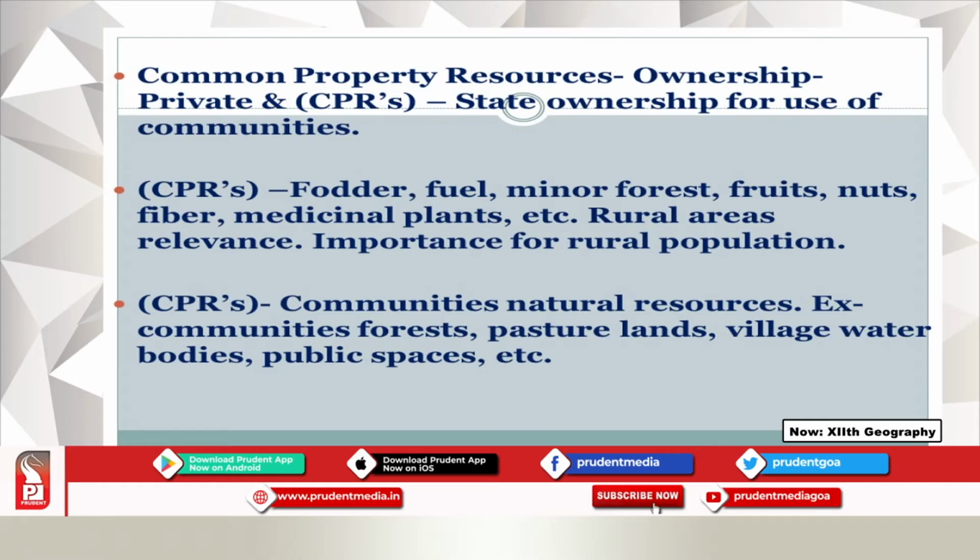They include areas of fodder for animals, fuel, firewood, minor forest produce, fruits, nuts, fiber and medicinal plants in rural areas, and they play a very important role for the people in those villages.